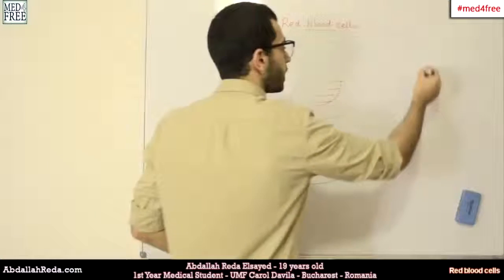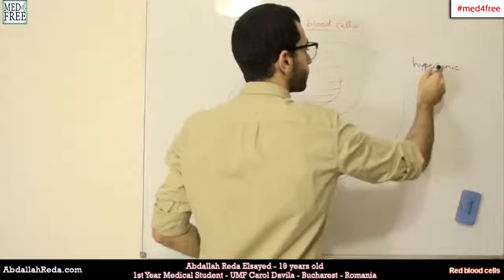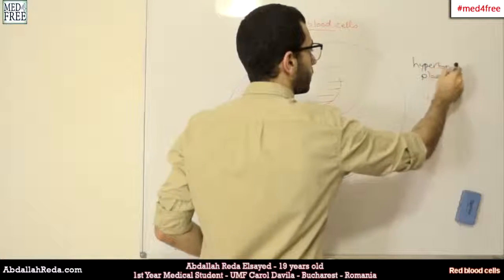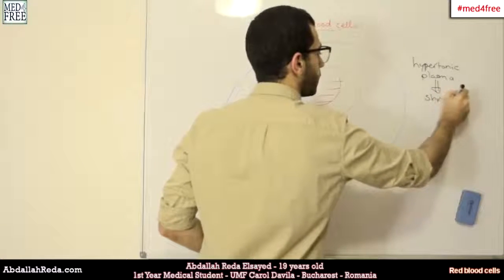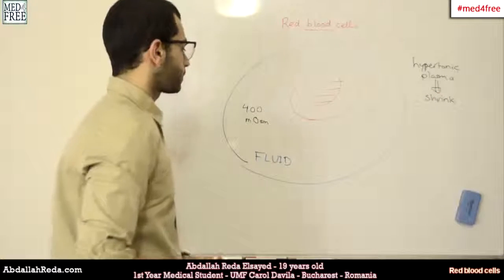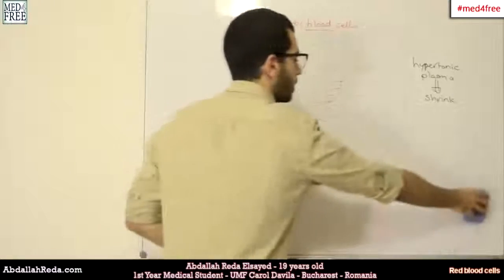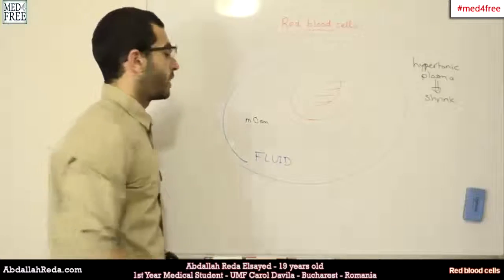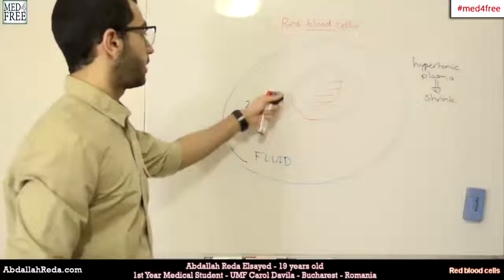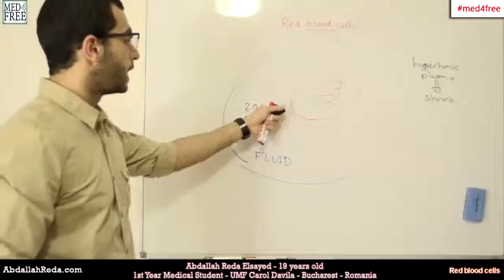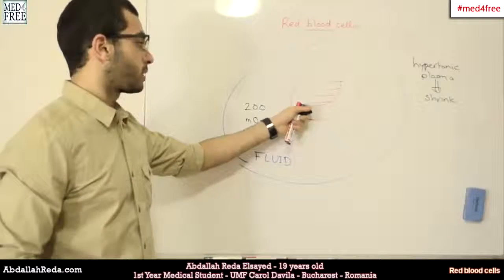So in case we have a hypertonic plasma, this will shrink the red blood cell. On the other hand, if the plasma is hypotonic, for example 200 milliosmoles, this means that the concentration of particles here is lower than the concentration inside the red blood cells.